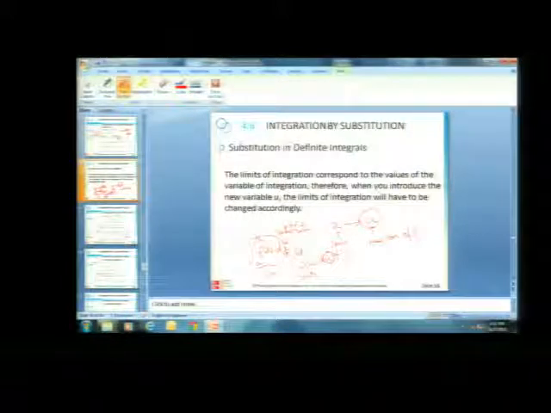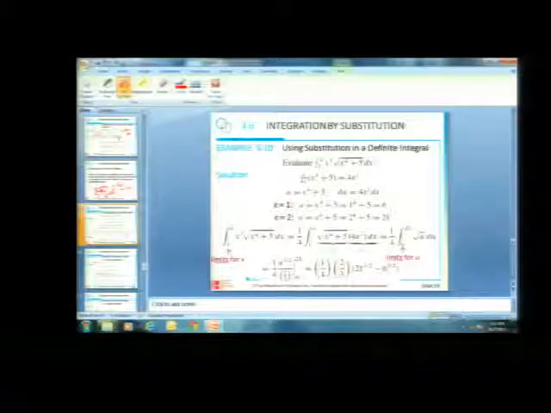Don't use a and b after the substitution, because if you do so, it is wrong. Why? Because the limits of integration follow the variable of integration. These a and b are for values of x. They are not for values of u. So I think with the understanding of this concept, now we can look at some examples.